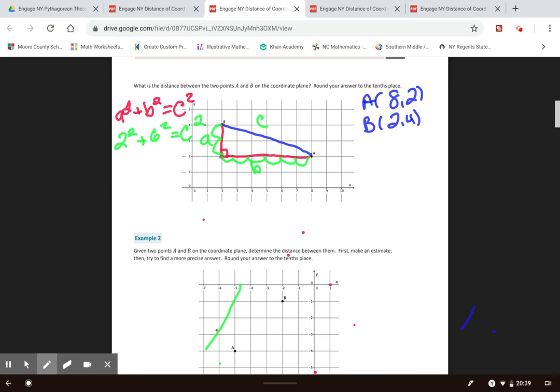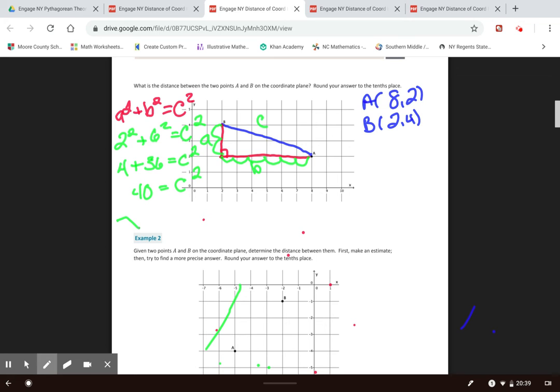All right, so 2 squared plus 6 squared is going to equal c squared. 2 squared means 2 times 2, which is 4. 6 squared means 6 times 6, which is 36. And all that's going to equal c squared. So 4 plus 36 is 40, and that equals c squared.